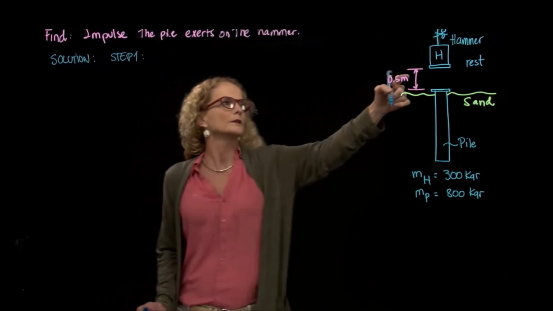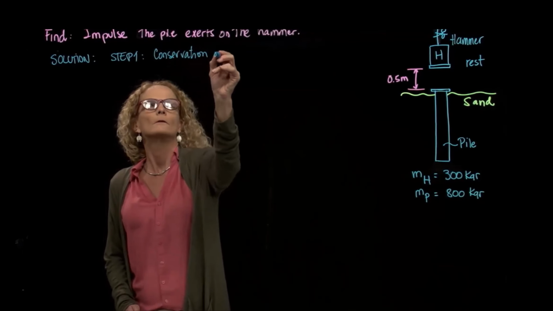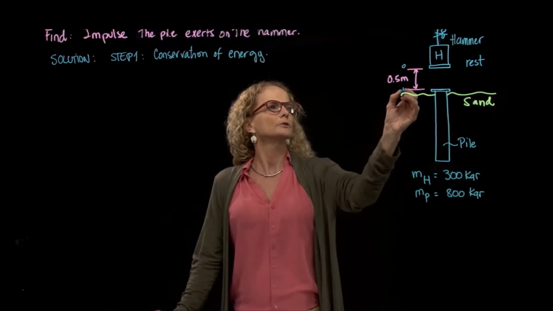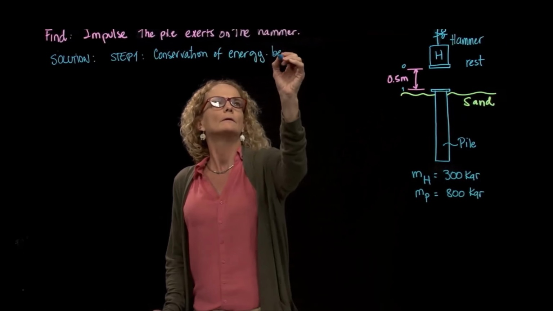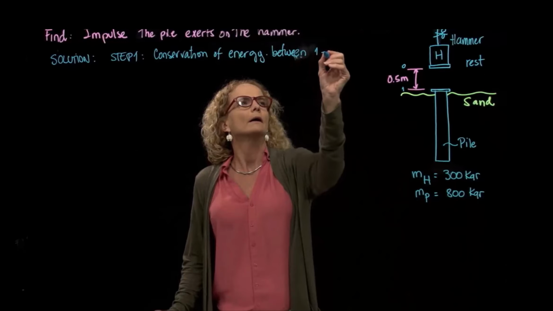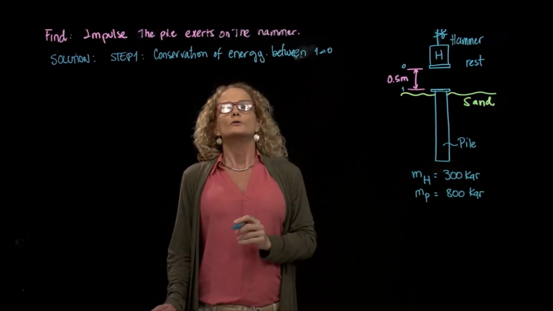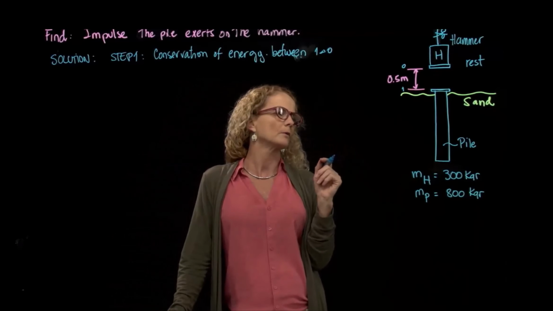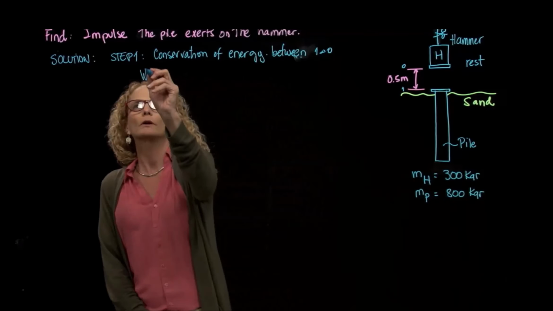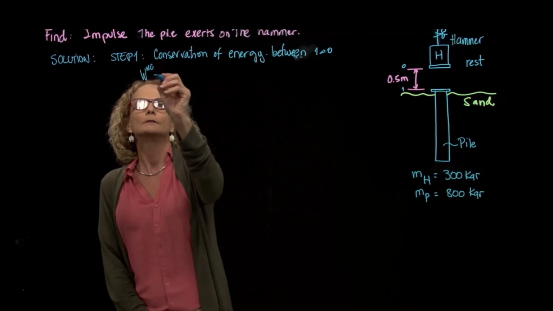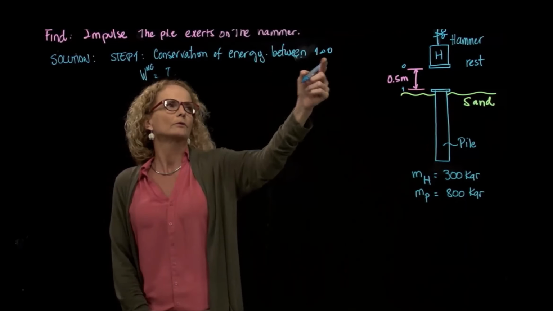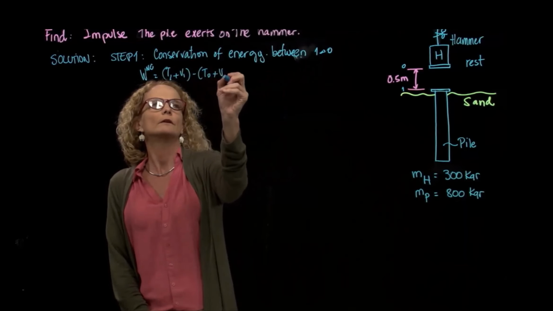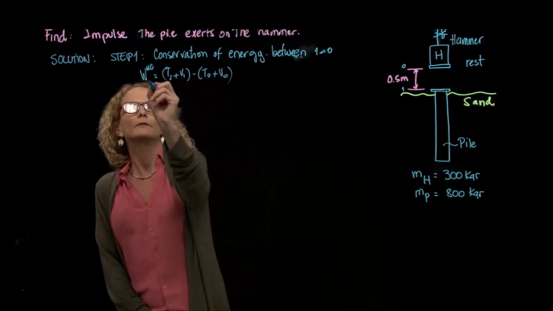We will do conservation of energy between this position, which we can call position 0, and this position 1. As you recall, to do conservation of energy, we use the principle of work and energy, in which the work of non-conservative forces equals T1 plus V1 minus T0 plus V0, from position 0 to 1.